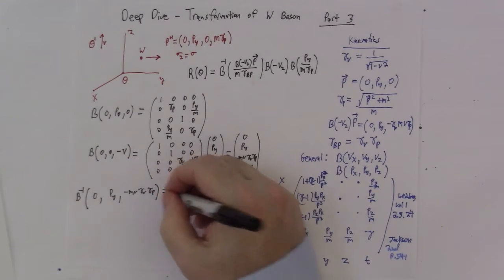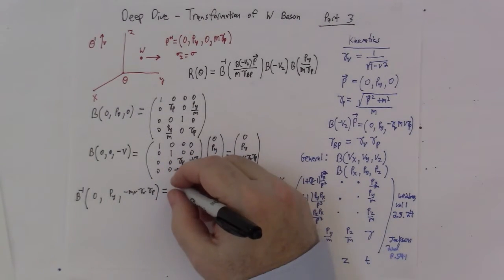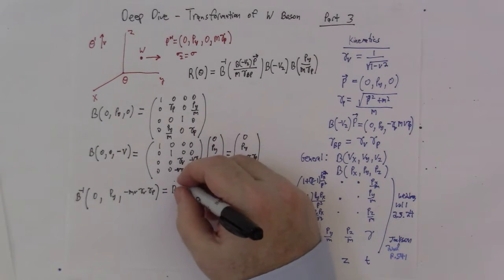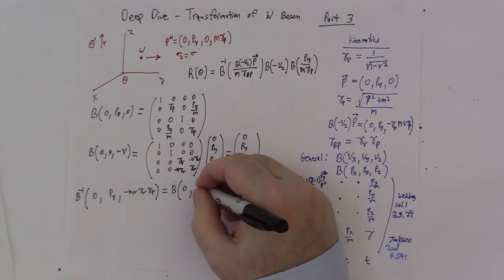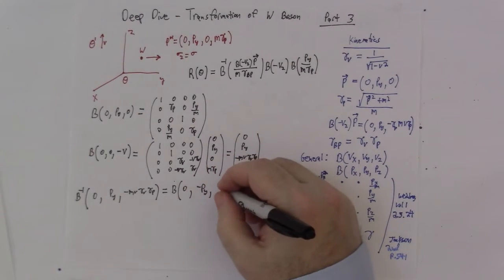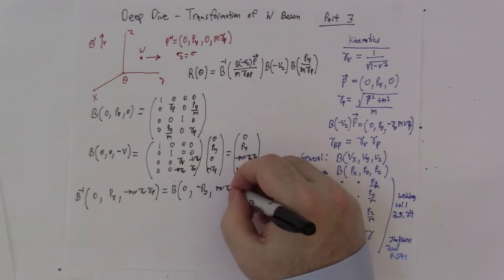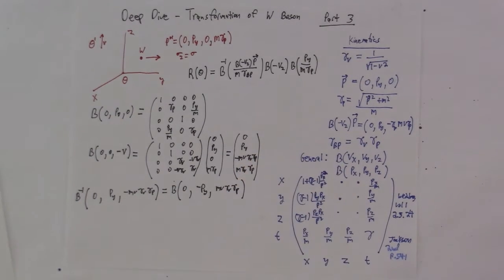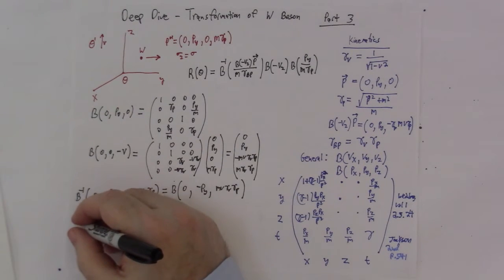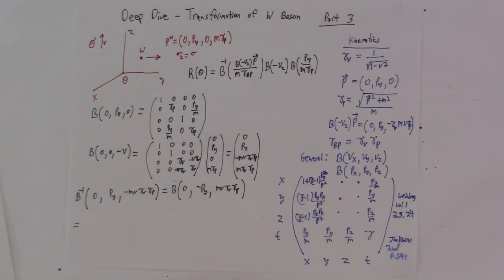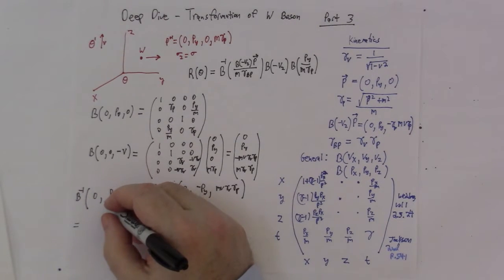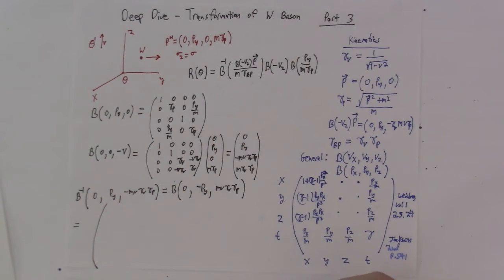And the inverse of a boost, you just change the signs on the velocity transformations. So that's just equal to the boost of 0, minus py, mv, gamma v, gamma p. Okay. So to get this, you use this general formula, substitute for the py this, and substitute for the pz this. It gets messy, and I did it by hand, and I did it by software, and I checked that they're the same. I'm just going to write out the answer here. You can check it if you want.